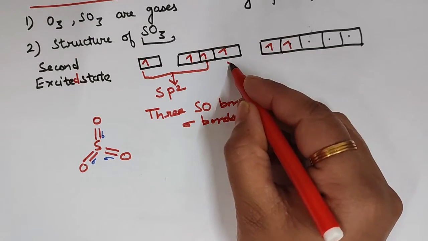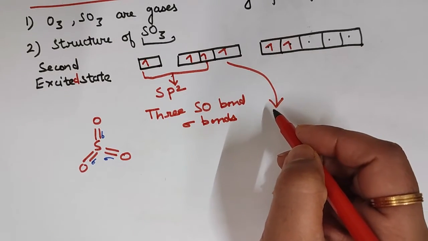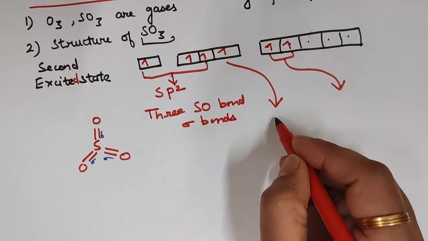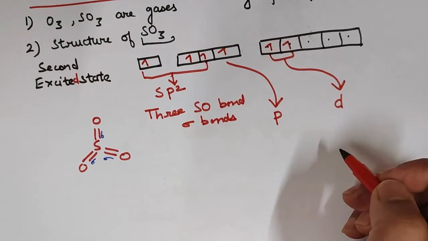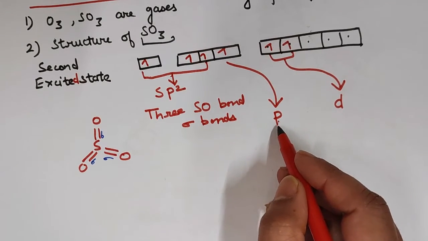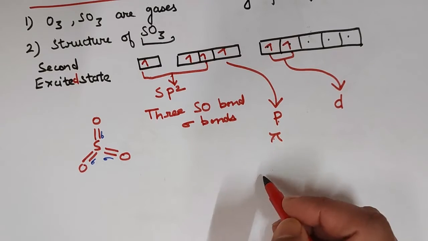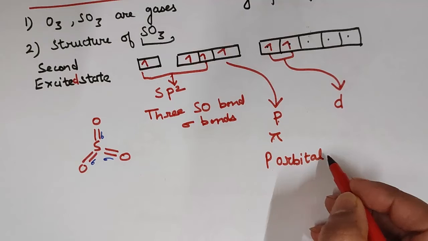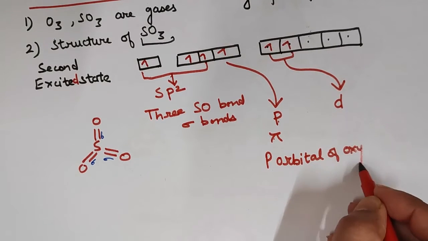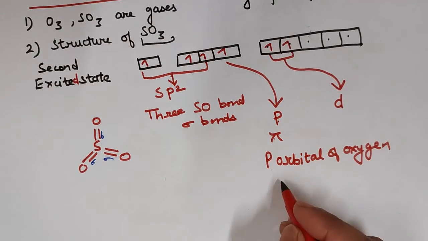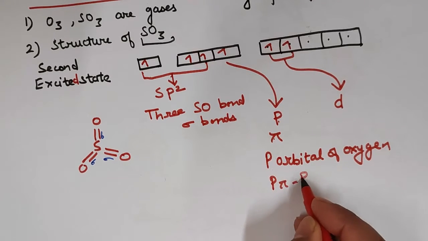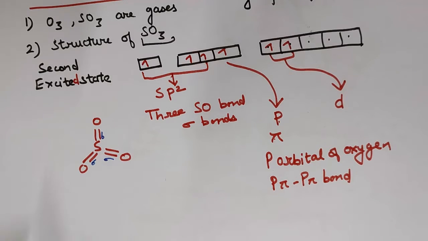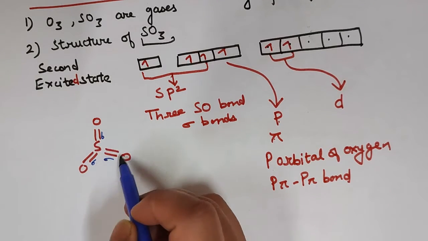Now this is unhybridized and these two are unhybridized. This is p orbital and this is d orbital. So this p orbital will form pi bond with p orbital of oxygen, and that will be p pi bond. So out of these, anyone we can take.